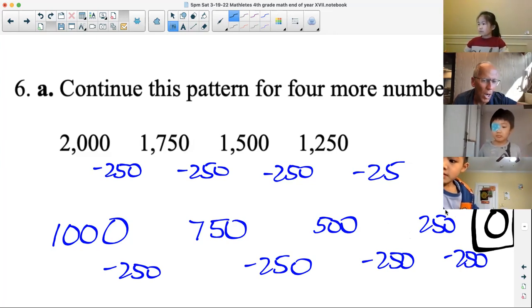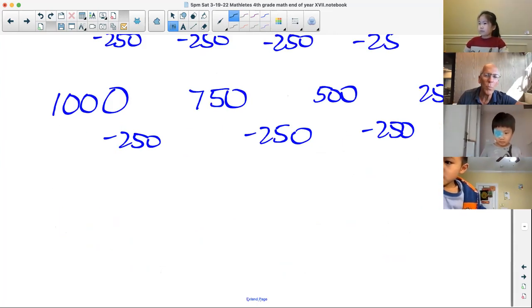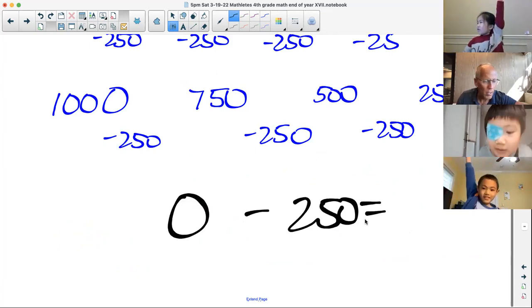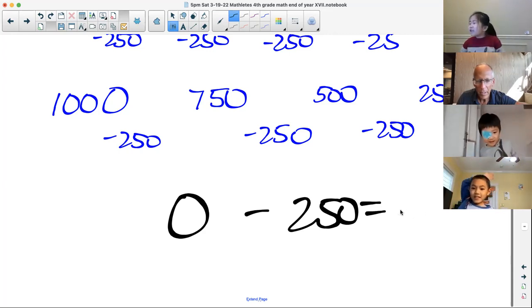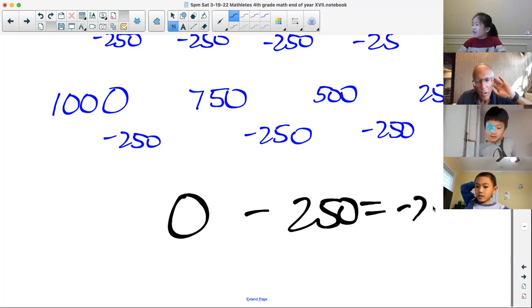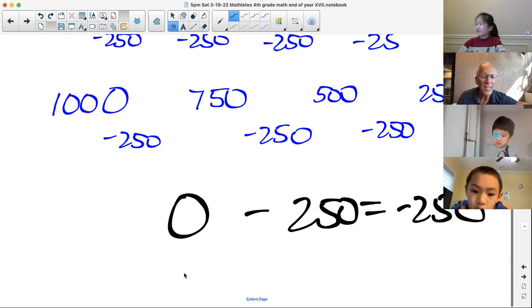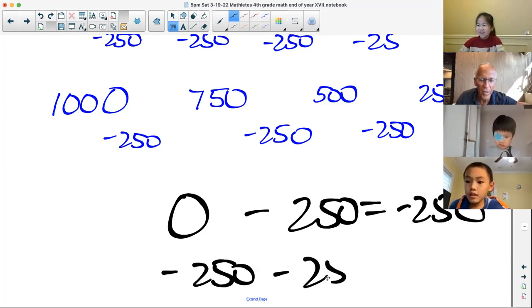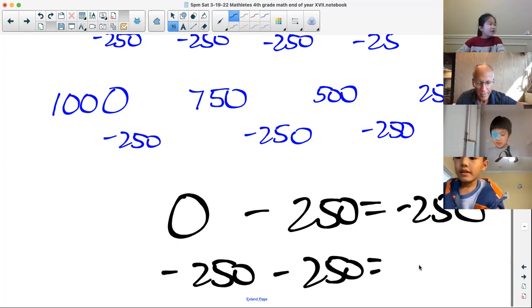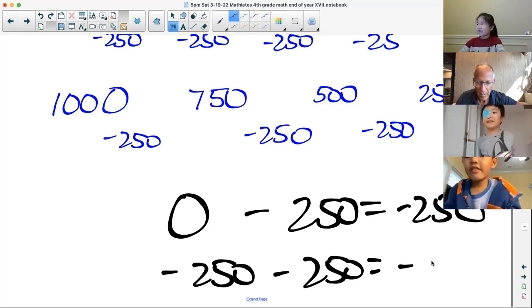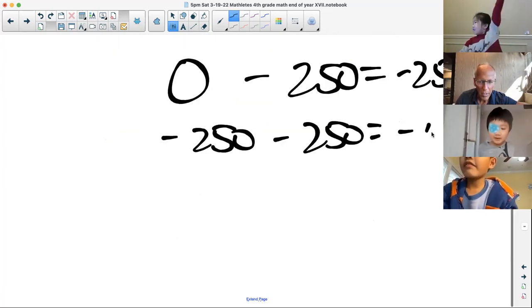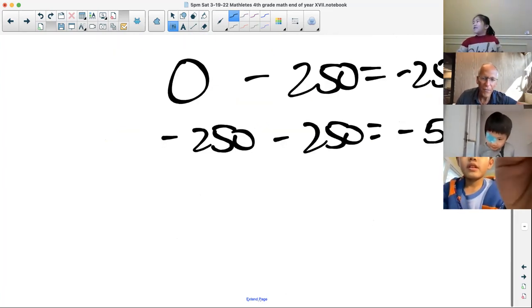Awesome. Who knows what happens if I have 0 minus 250? Eleanor, negative 250. Jason B, what if I have negative 250 minus 250? Negative 500.